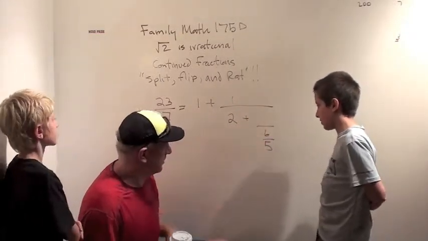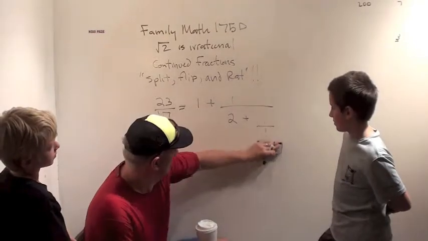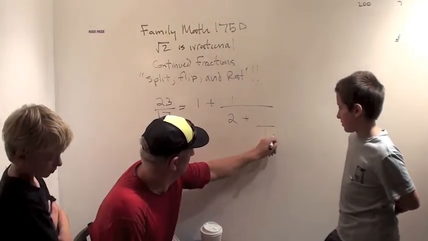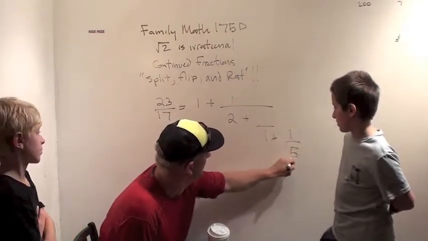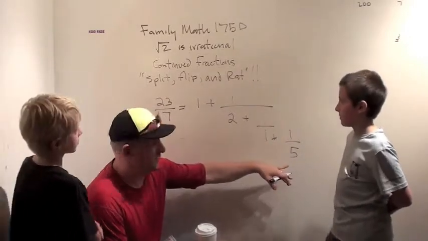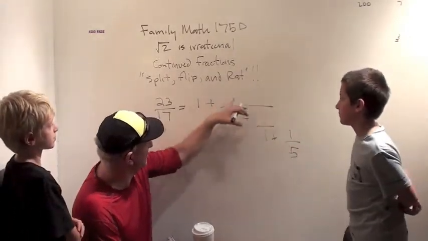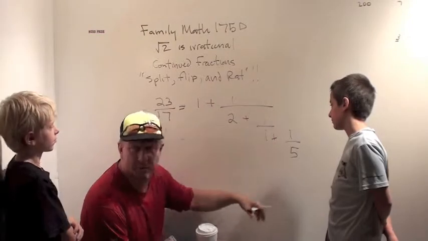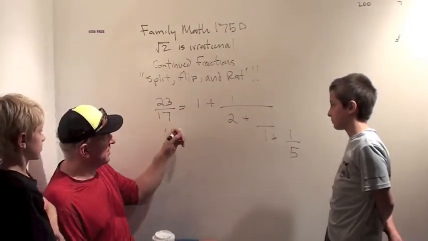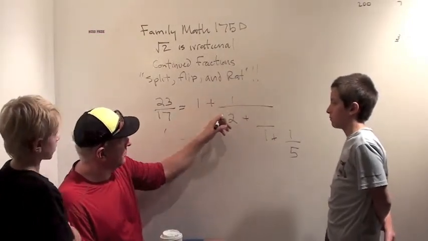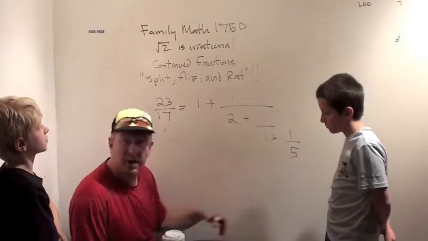And 6/5 is 1 and a 5th. Hey, now we're done. Right? So 23 seventeenths goes to 1 plus 1 over 2 plus 1 over 1 plus 1 over 5.